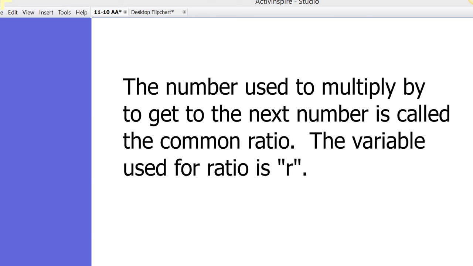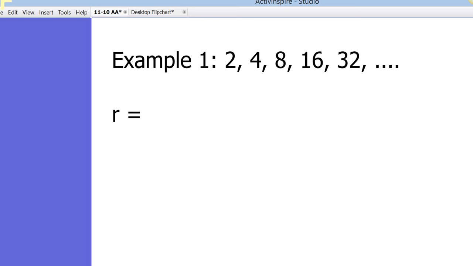Alright, example 1. I want you to write down 2, 4, 8, 16, 32, dot, dot, dot. Does this still have to do with graphing or are we on something different? This is not anything to do with graphing at all.